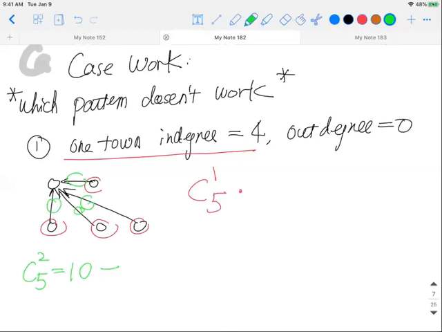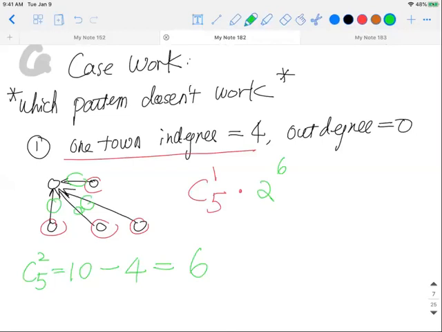Your remaining is 10 minus 4 equals 6 rows. For these 6 rows, you don't really care. It can be 1 to 2, 2 to 1, 1 to 3, 3 to 1. You don't really care. So for the remaining 6 rows, you have 2 to the power of 6 different scenarios.